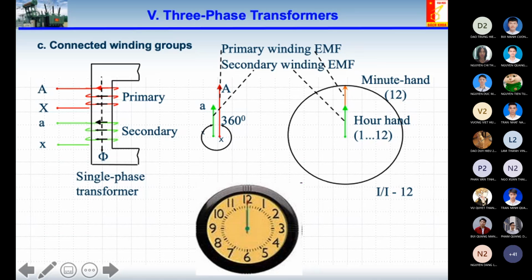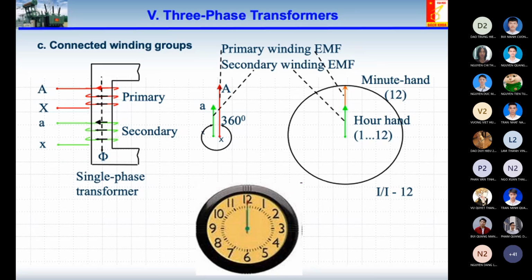Due to the current flowing in the primary or secondary winding, we get the generated magnetic field in the iron core. If we consider the electromagnetic force of the primary winding as AX, and of course the electromagnetic force of the secondary winding as ax here.